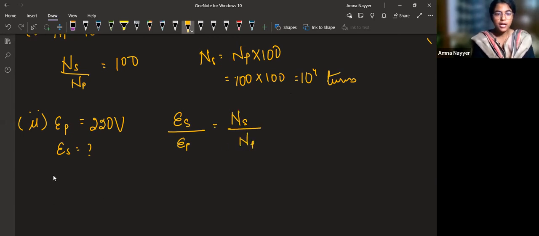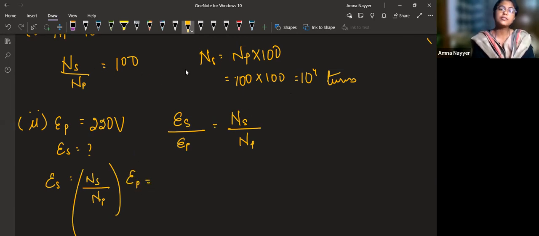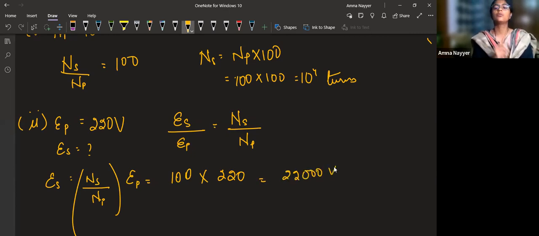So ES will be NS by NP into EP. NS by NP is the transformation ratio, 100. So this is 100 into EP, which is 220 volt, giving 22,000 volt. Again, using this relation only, we calculated this.